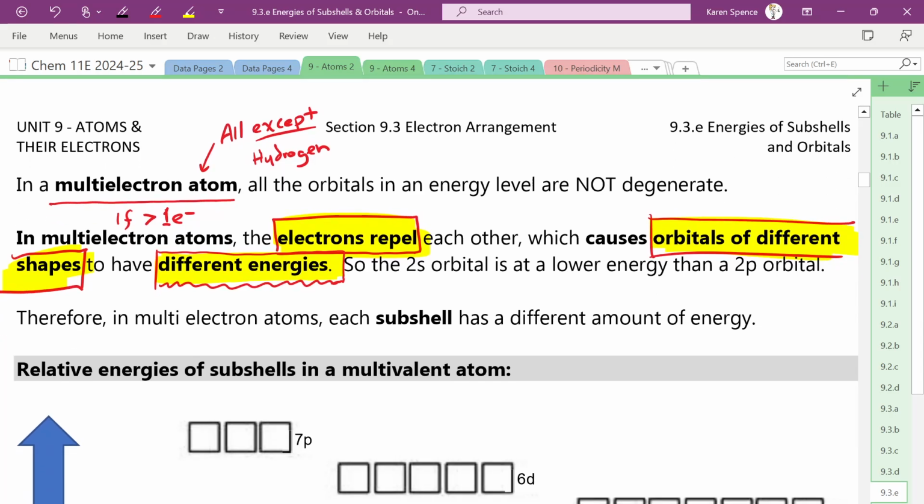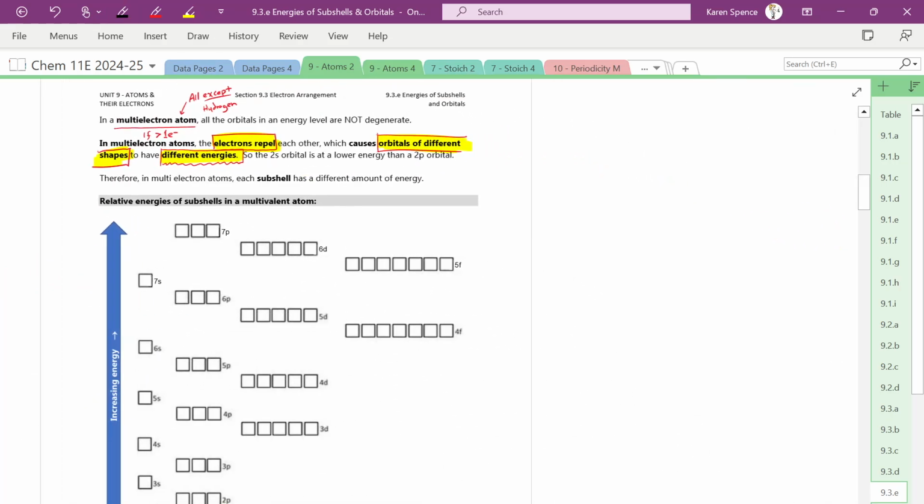So in a multi-electron atom, each subshell has a different amount of energy, but the orbitals within a subshell are degenerate. You can see here on the side, again, we have increasing energy. As we go up, the energy increases.